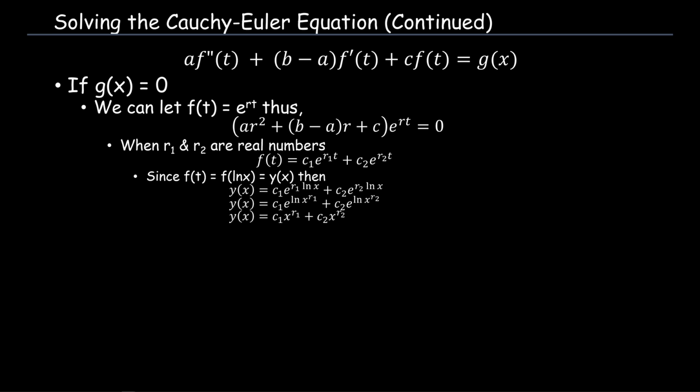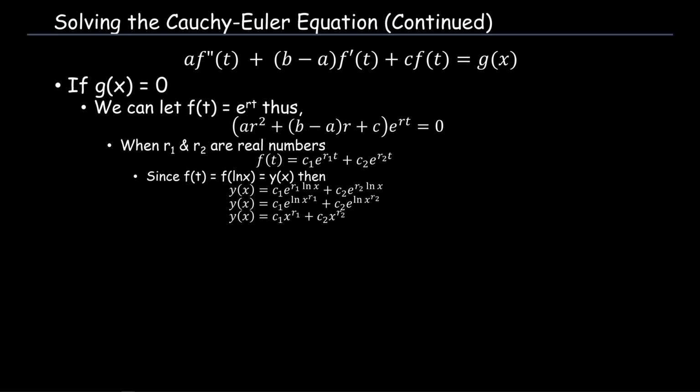Now, if you remember back in algebra, you know the identity that e raised to the natural log of x is just x, and what you also know with logarithms is that any constant multiplied by natural log of x is the same thing as natural log of x raised to that constant.